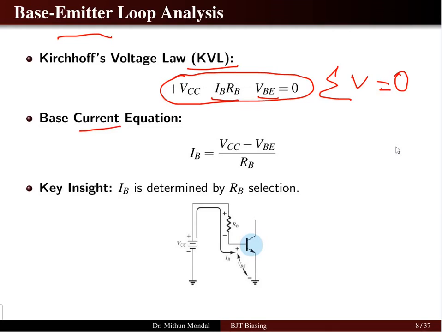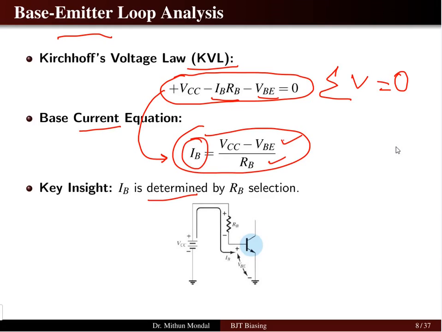The base current equation we can get from this, IB, equals VCC minus VBE by the resistor RB. So here we can see that the current IB is determined by the proper selection of the resistor RB, which is the base resistor. So we get the base current by selecting the proper value of the base resistor.